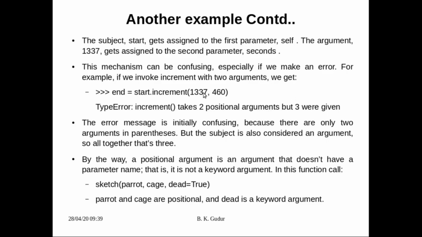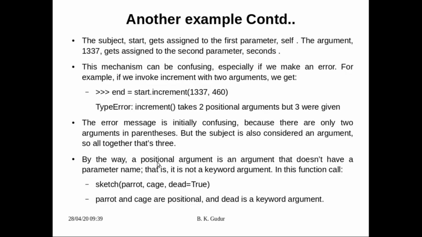You may be confused about where the 3 arguments are. Remember, the first one is this, the subject, then this is the second one and this is the third one. The error message is initially confusing. Earlier it was confusing, now I think I have solved it. There are only 2 arguments in parentheses, but the subject is also considered an argument. So altogether there are 3.